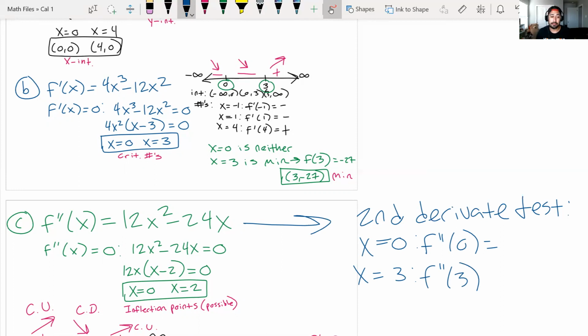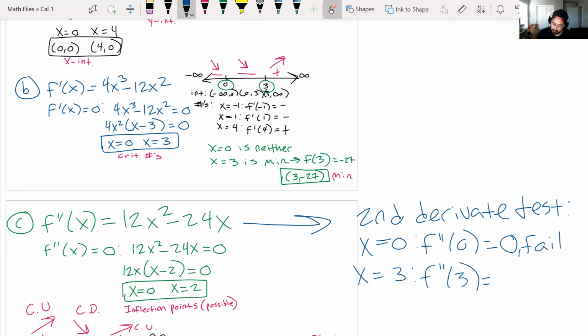If I plug in 0 to the second derivative, we get 0, which means fail, which means you still have to create a sign chart. So it's not even worth going on. But if I plug in 3, I get 12 times 3 squared minus 24 times 3.